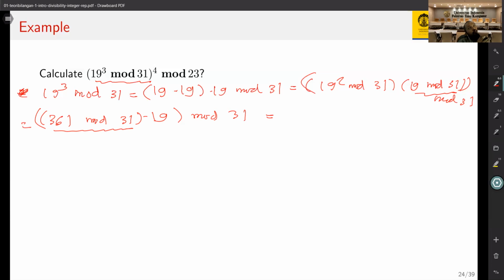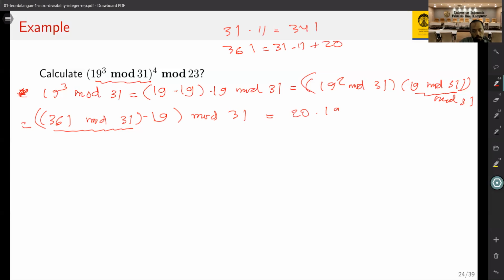Well, 31 times 11 is 341. Therefore, 361 is 31 times 11 plus 20. So yes, it is 20.